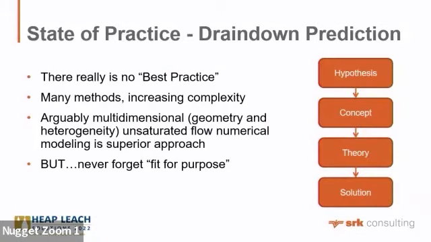So for state of practice in drain down prediction, the reality is there's no best practice as far as I can tell. There are many different methods to match the desired level of information.